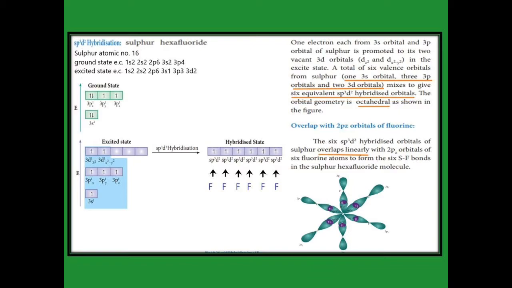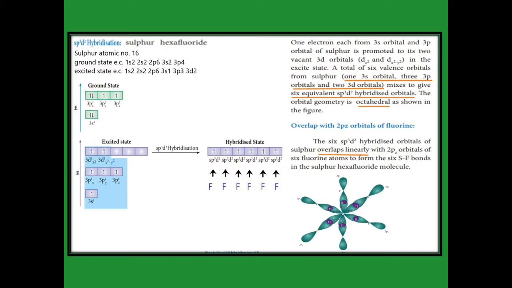Now sp3d2 hybridization, for that the example is sulfur hexafluoride. The central atom is sulfur, atomic number 16. The ground state electronic configuration of sulfur is 1s2, 2s2, 2p6, 3s2, 3p4. Here the 3s orbital contains 2 electrons, and one of the electrons will go to the 3d orbital.